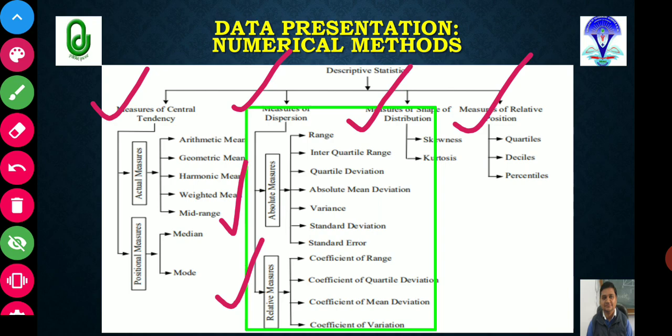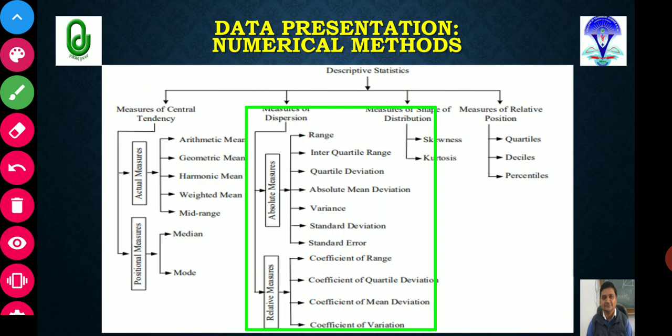Whereas measures of dispersion tell us how the data is spread around that central value.